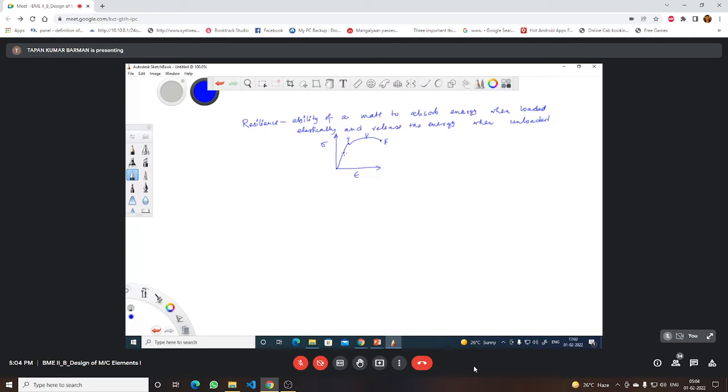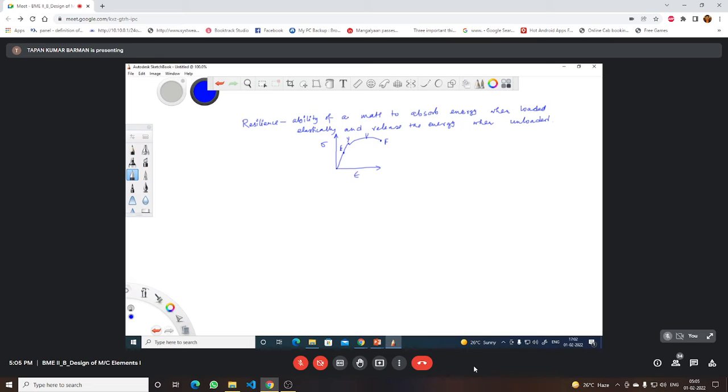Say this is my elastic point here. Now, ability of a material to absorb energy when loaded elastically. So I can apply the load up to this, but when the load is applied to the component, the material will absorb some amount of energy, and that energy will be stored in the form of strain.